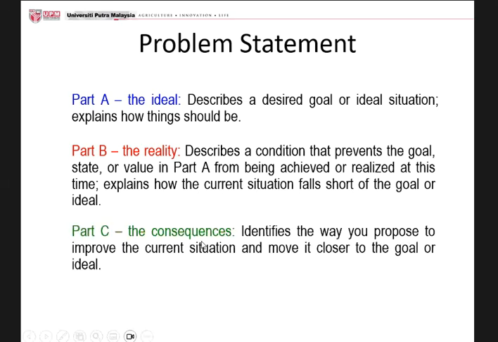Part C, the consequences, identifies the way you propose to improve the current situation and move it closer to the goal or ideal. As I told you, for the pizza case, we may not be able to achieve it for all time, or even 1 week. Maybe we can achieve at least until the pizza gets to the customer, which can be like 2 or 3 hours.